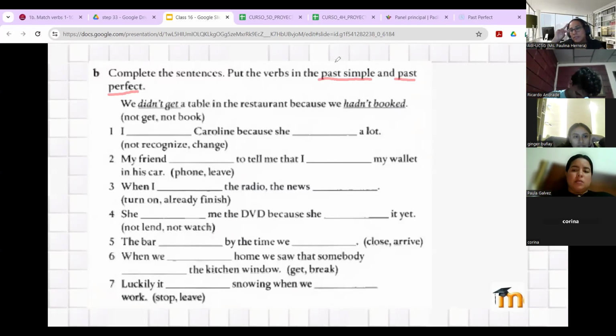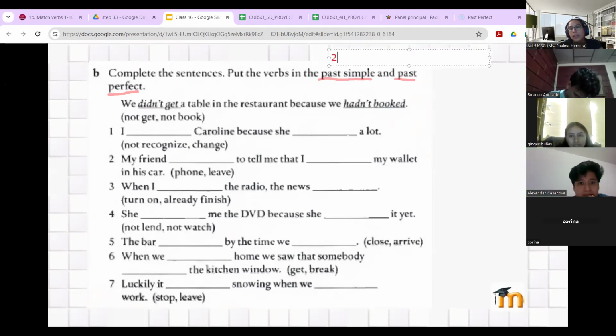I have 2 events here, 2 things that happened in the past. Which one will go in past simple? The first thing that happened or the second thing that happened? Are you following? Past simple is the second thing that happened. And past perfect, the first thing that happened. So I need to determine that.